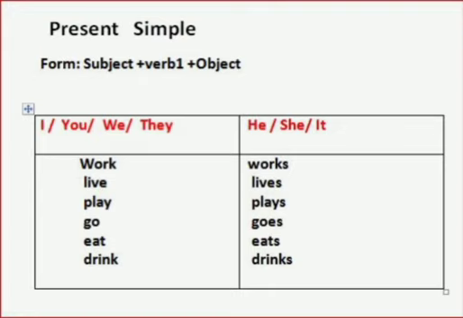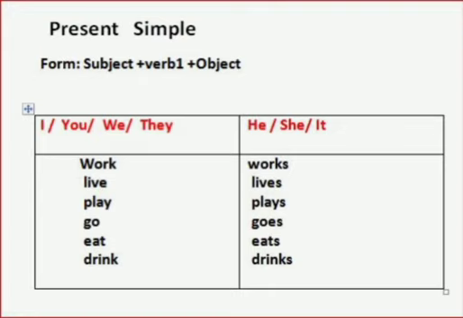Okay, here you can see the teacher has written a box with two columns, a box divided in two columns and some details, right? I, you, we, they, he, she, it.